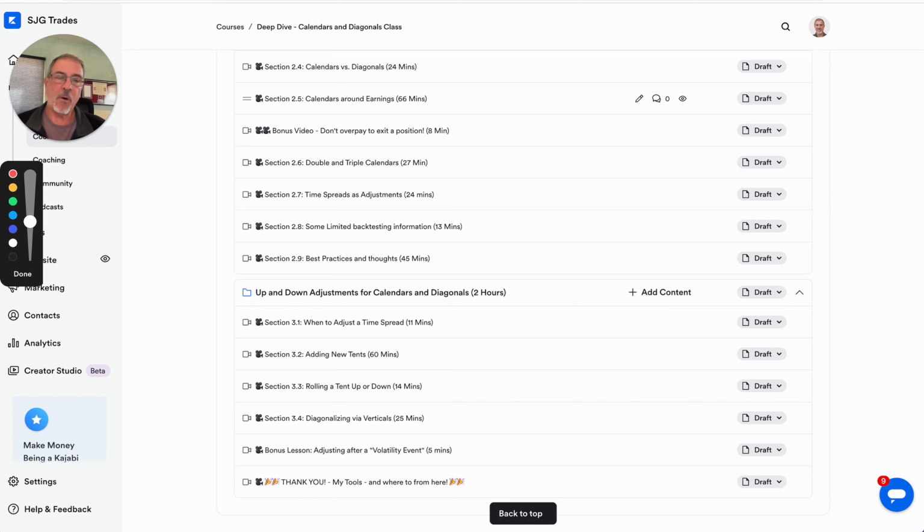So when you roll through all of this, probably one of the biggest takeaways is that most people do not understand calendars and diagonals effectively enough to be trading them. Oh, I should also mention, I don't know if I mentioned this previously or not, a whole section, over an hour, on trading calendars and diagonals specifically around earnings.